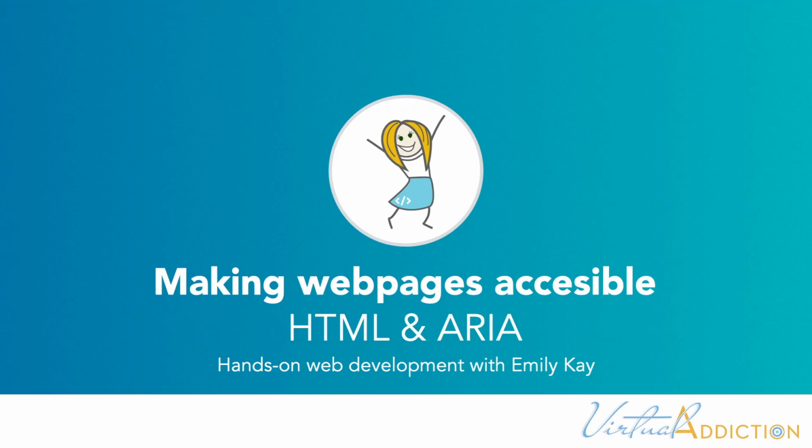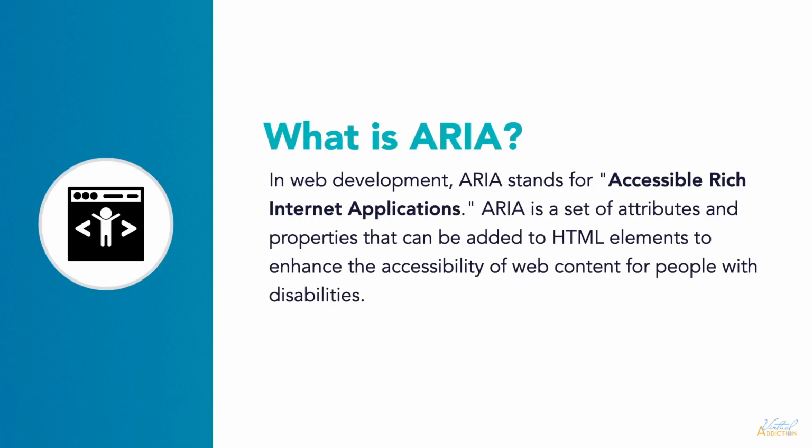You should be familiar with using HTML, and you should be aware of using semantic HTML whenever possible. This is always the best way for you to develop websites. There is, however, a part of HTML called ARIA, which stands for Accessible Rich Internet Applications.